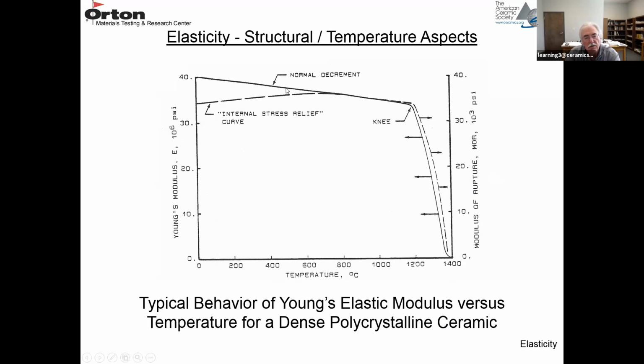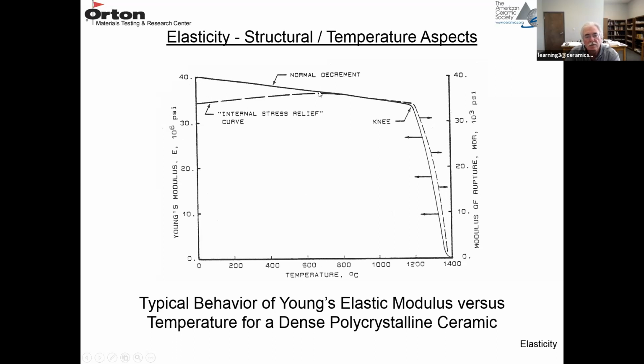So you get a decrease in elastic modulus, a gradual decrease with increasing temperature, and then at some point you have this knee in the curve and you have a rapid drop as you have plastic deformation, a rapid drop in the elastic modulus.